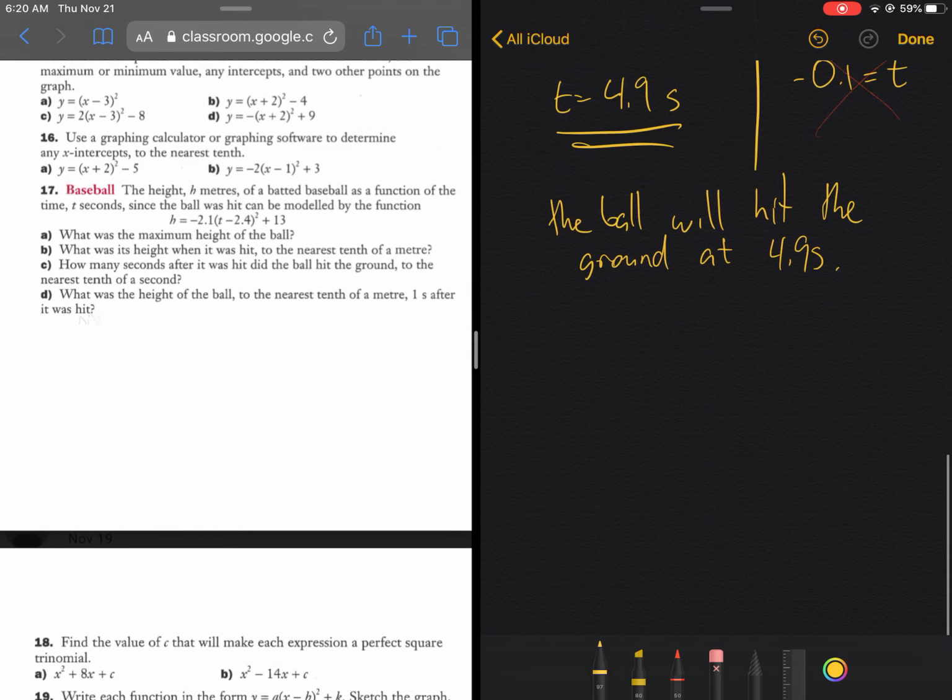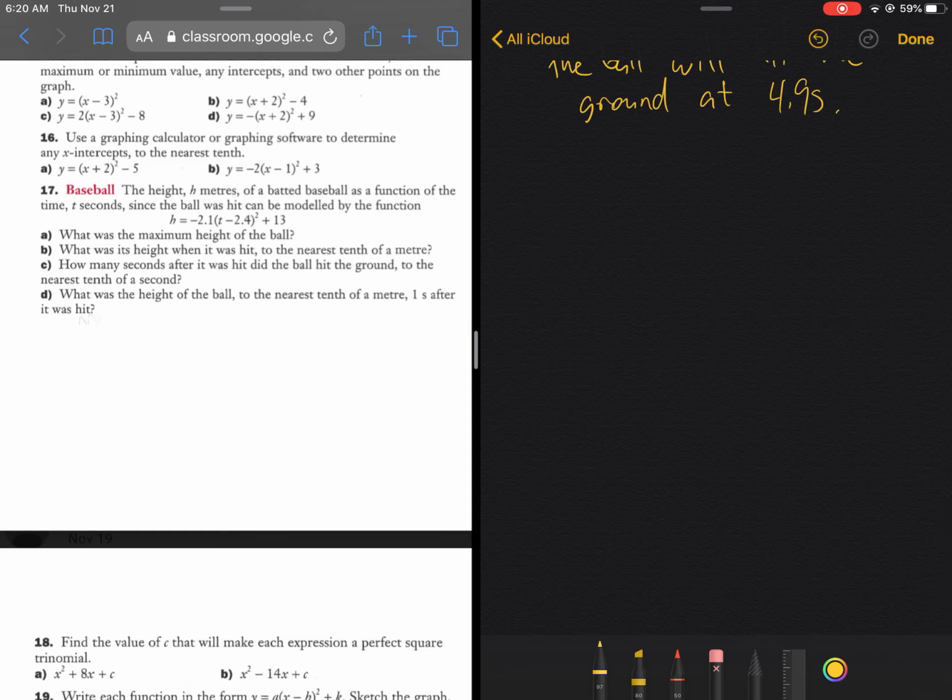Okay, finally, D. What was the height of the ball, what was h, when t equals 1 second? Well, let's see what we know.